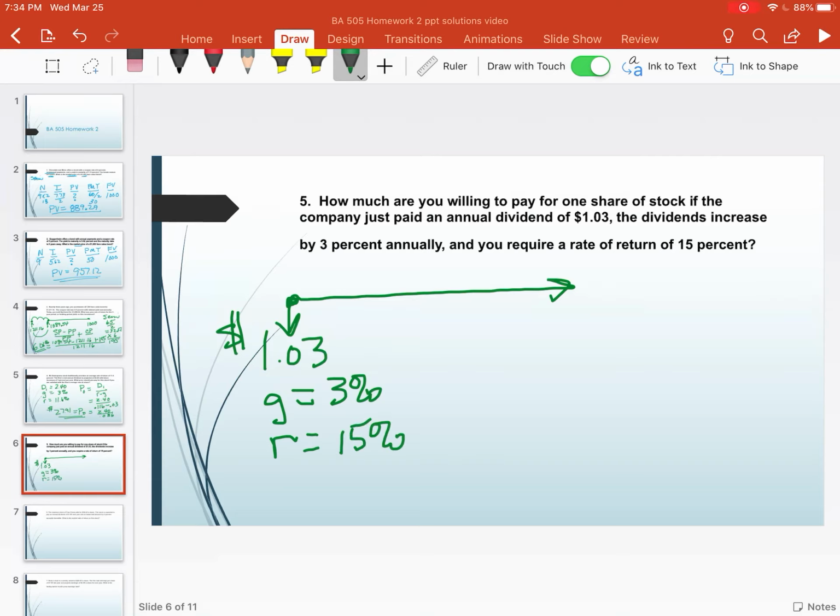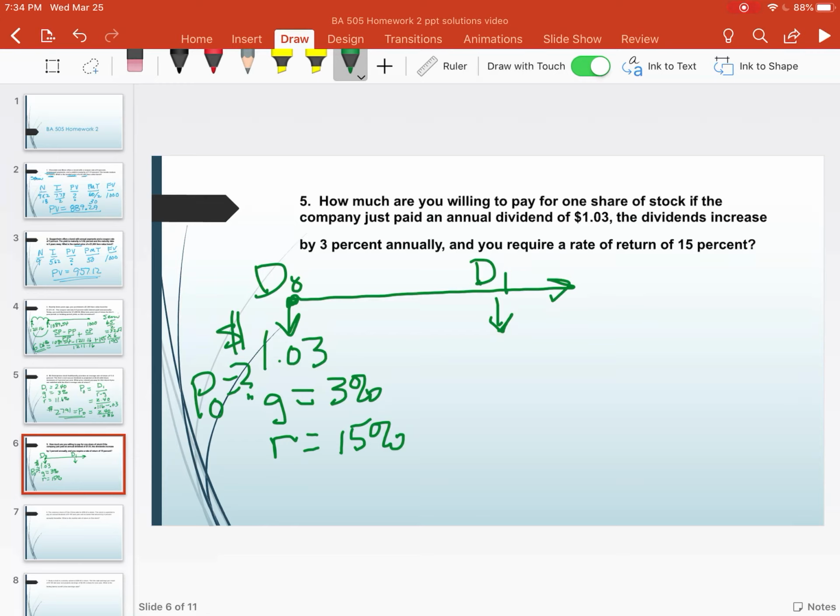Okay, so similarly, we're going to work this same problem because we don't know what the next dividend is. And so if this is D sub 0, okay, we have to calculate what is D sub 1, okay? What is this dividend, the next dividend, okay? For us to be able to calculate the price at P sub 0, what is that? Okay, that's what we're solving for.